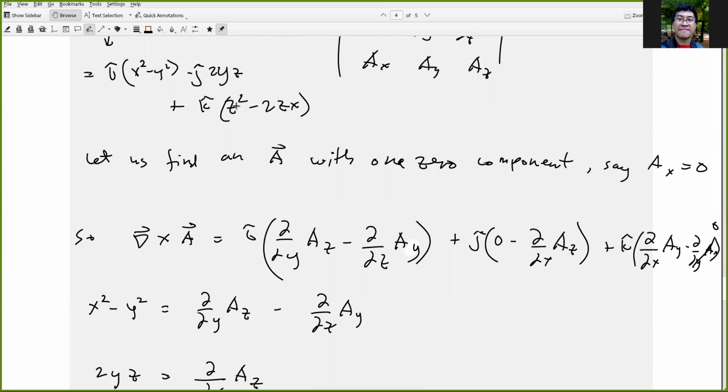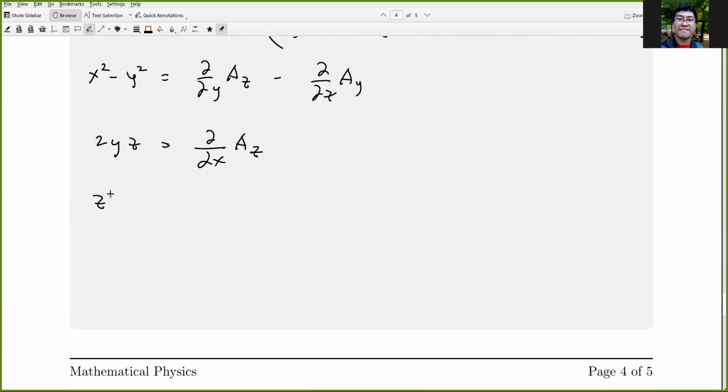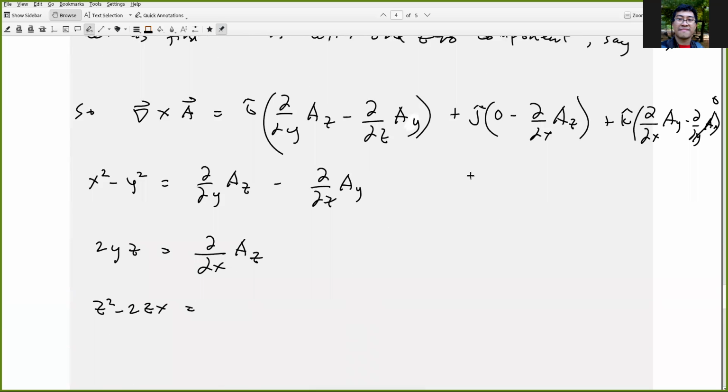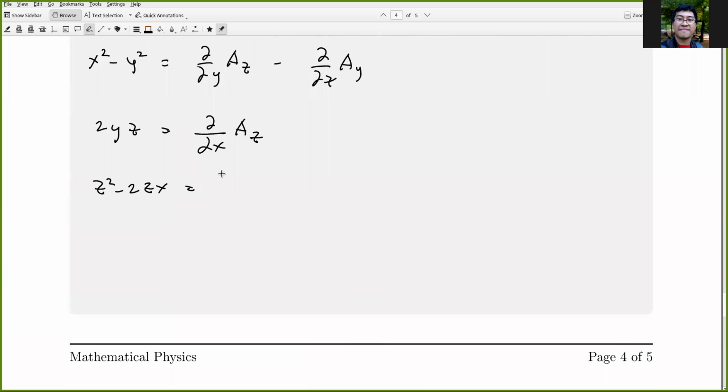And finally, z squared minus 2zx equals partial with respect to x of AY.